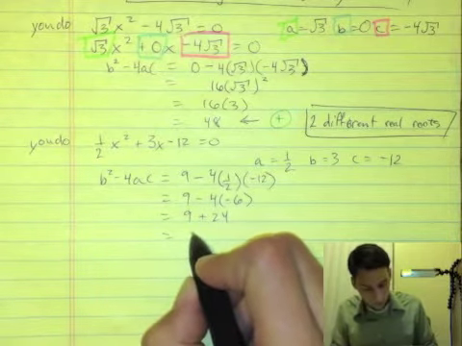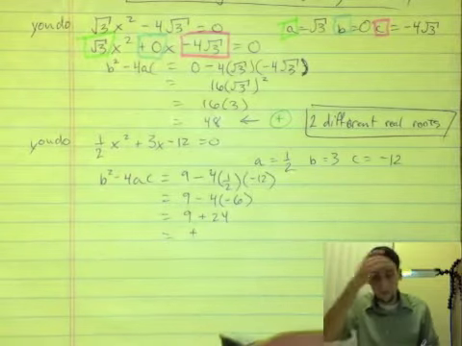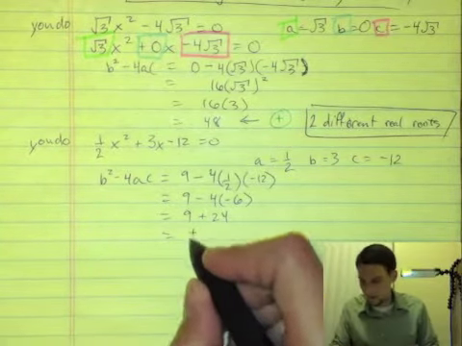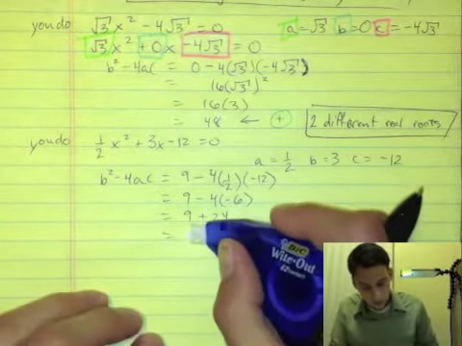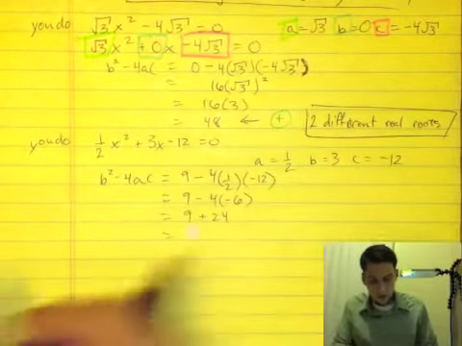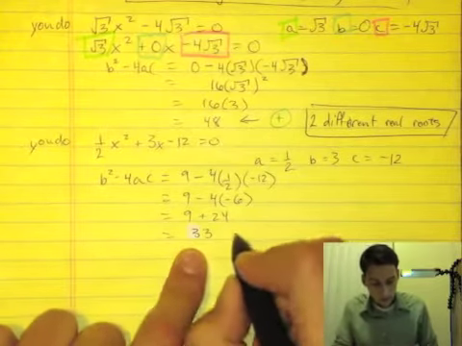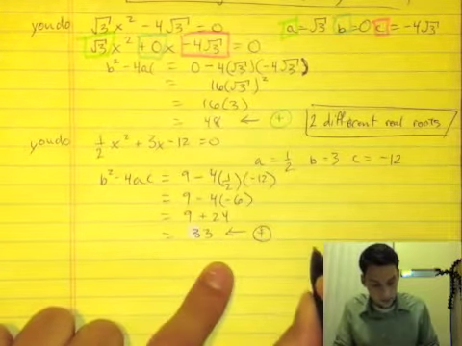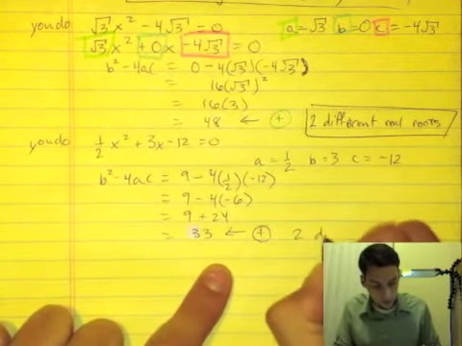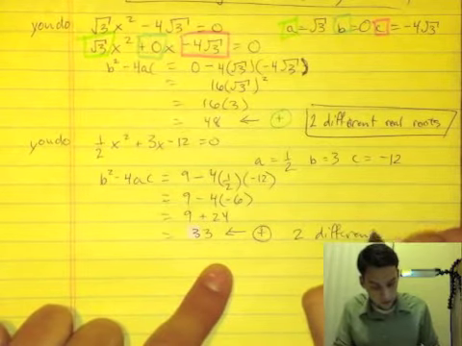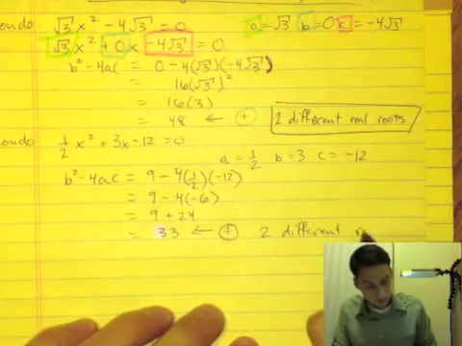Positive 15, sorry about that. 9 plus 24 is 33. So that's positive. So two different real roots.